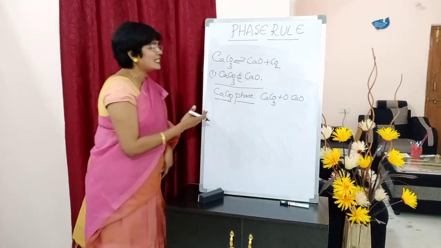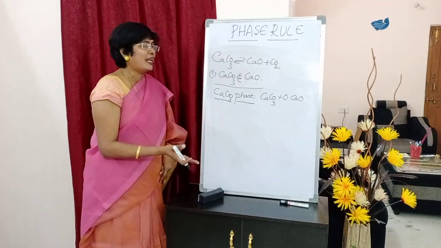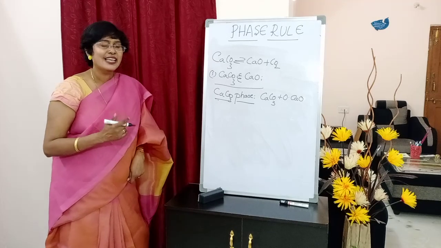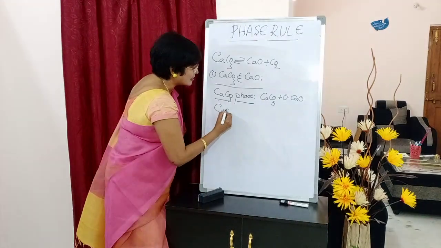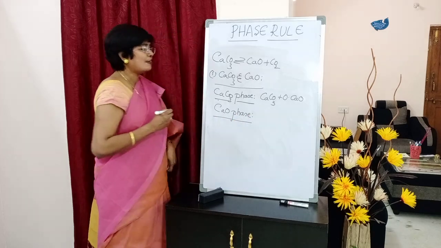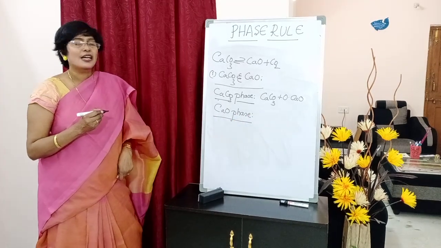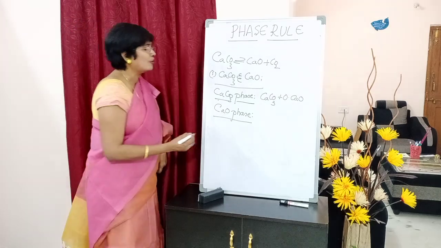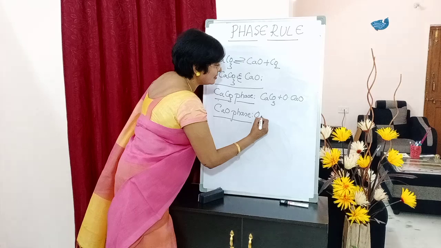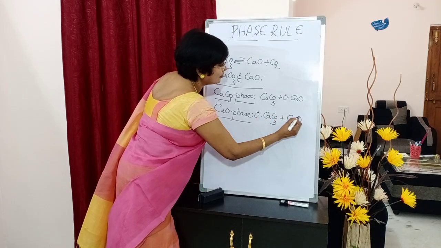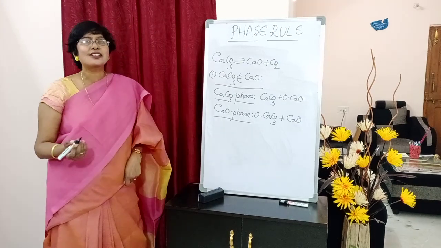Okay. So CaCO3 phase can be explained taking these two chemicals in this way. Okay. Next below. CaO phase. Calcium oxide phase. How will you explain taking CaCO3 and CaO? So similarly, like this, 0 into CaCO3 plus CaO is equal to calcium oxide.